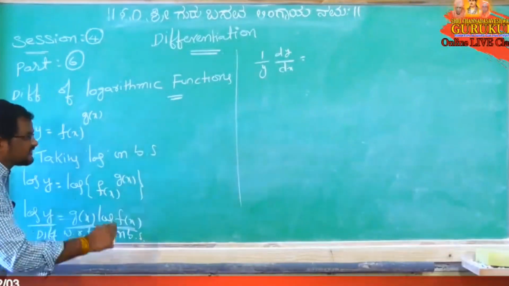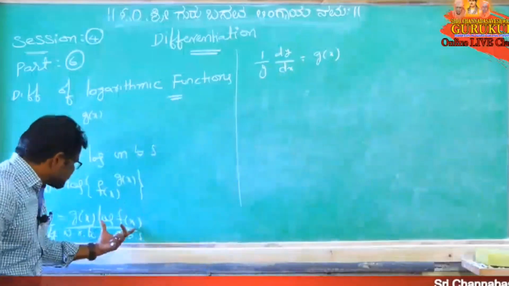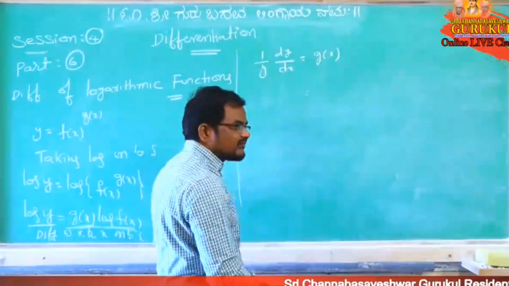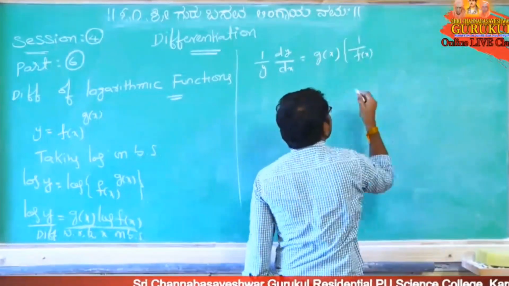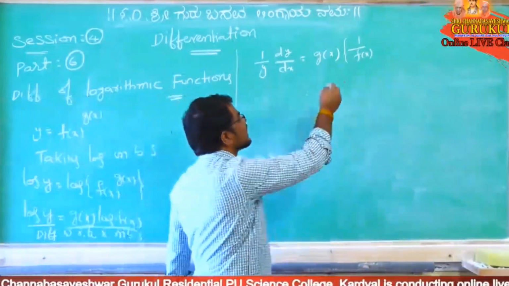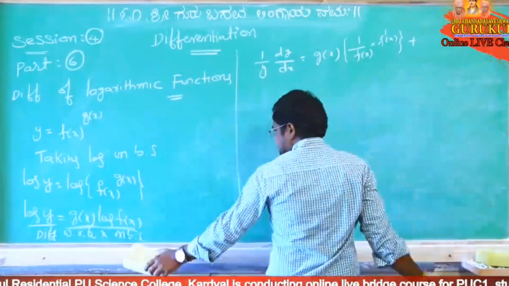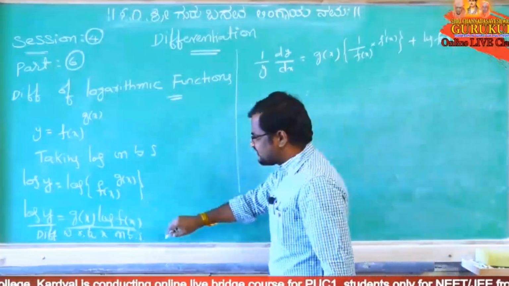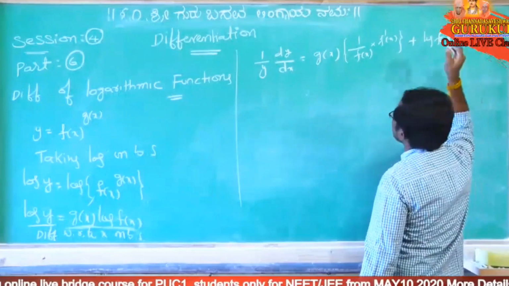Differentiate means g of x as it is, differentiation of log of f of x is 1 by f of x. Again we have to do the differentiation for f of x, which is f dash of x, plus this one as it is, log of f of x, differentiation of g of x is g dash of x.